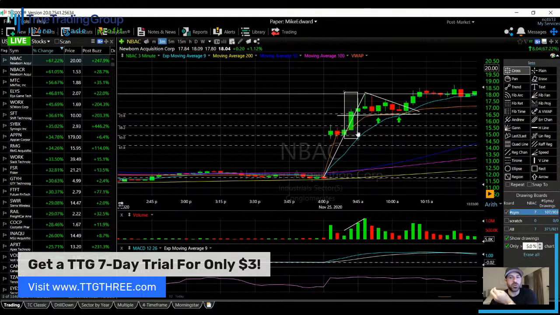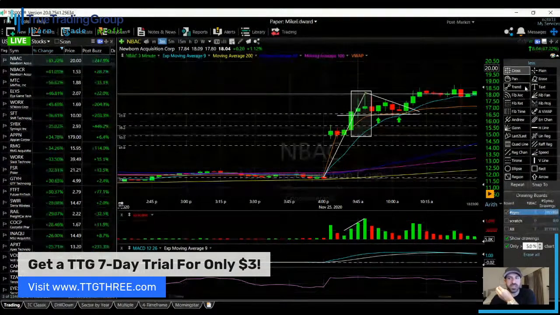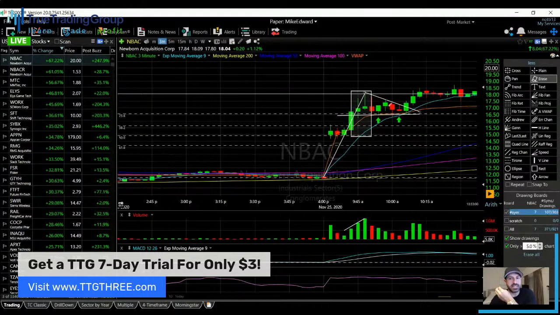So when the pole of the flagpole is created, you want to see increasing volume during the pole. Then when the stock consolidates inside the flag, you want to see a decrease in volume. And then when the stock breaks out of the flag, you want to see an increase in volume.